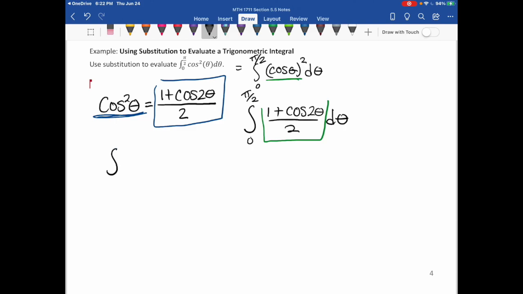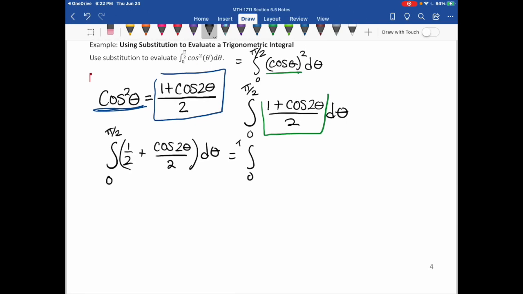Now I'm going to try to break this up and simplify this a bit. I'm going to rewrite this as 0 to pi over 2. I'm going to break up my fractions and write it as 1/2 plus cosine 2 theta over 2 d theta.